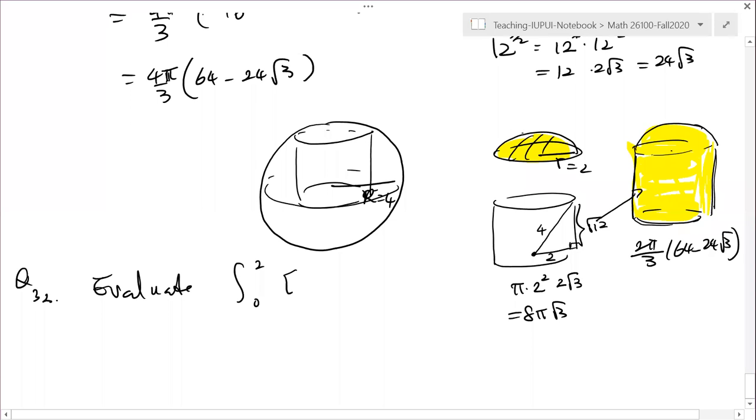So the volume of this piece is going to be the difference of those two numbers. Use subtraction, and you can get the volume of the head, the top.